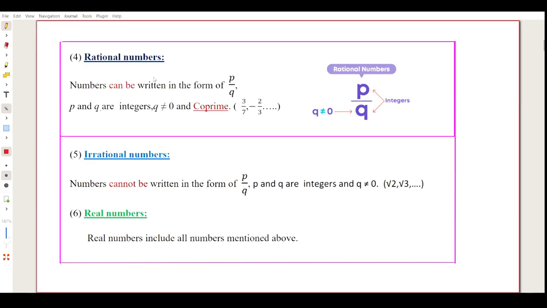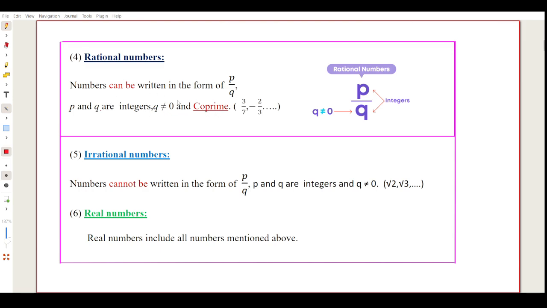Rational numbers: if the number can be written in the form p by q, numerator by denominator, the condition is that p and q are integers and q is not equal to 0. And one more extra condition, p and q are co-prime.